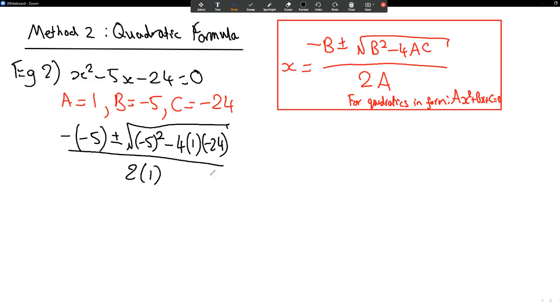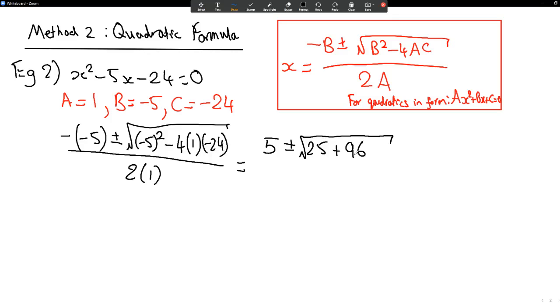Okay, now let's just tidy this up a bit. So we get minus of a minus, which is just 5, like so. Plus or minus, well, this is going to be minus 5 squared is 25. And minus 4 times minus 24 is plus 96.